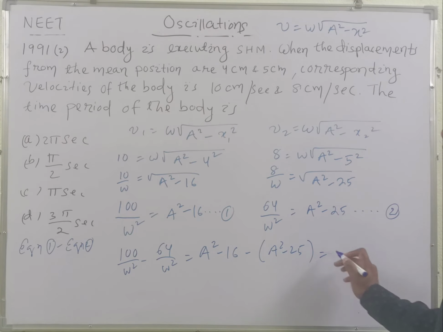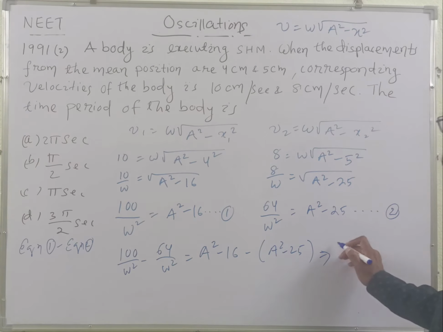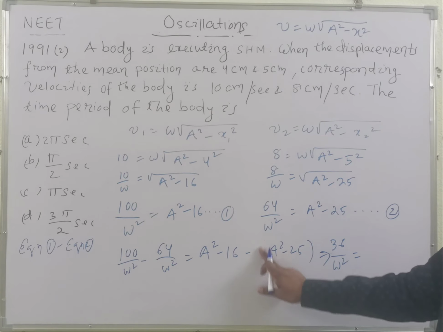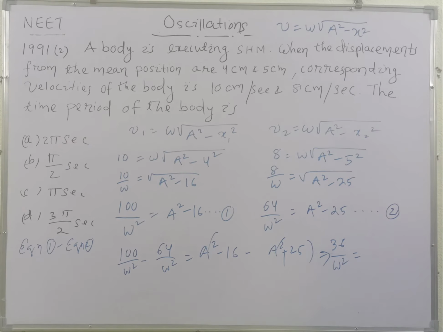That implies 36 by omega square is equal to, the a square will cancel out, and 25 minus 16 is 9. If this 9 cancels out 36, this becomes 4, or 4 by omega square is equal to 1, which implies omega square is equal to 4, or omega is equal to 2.